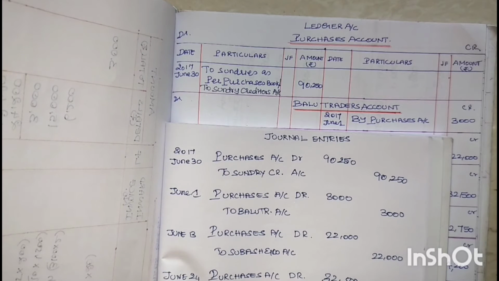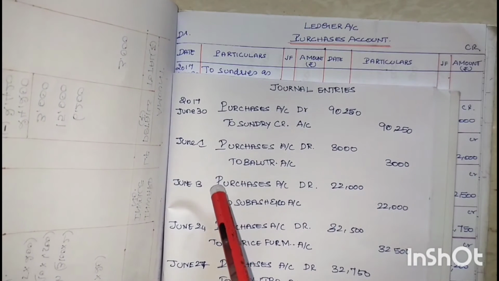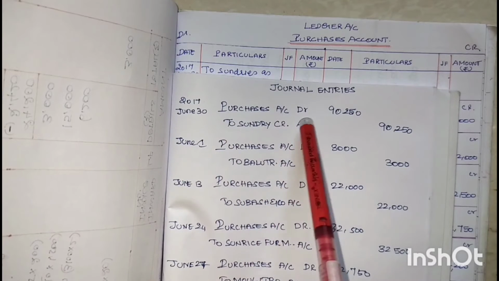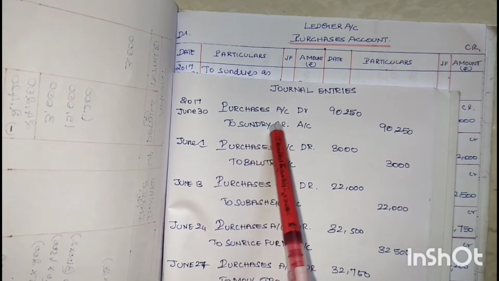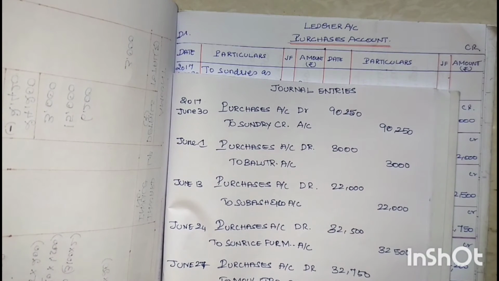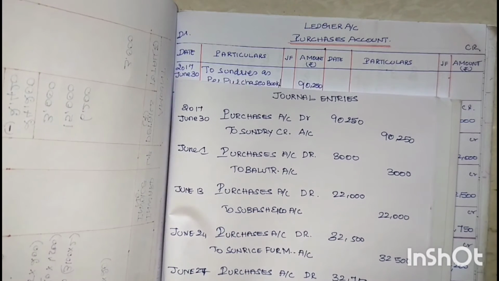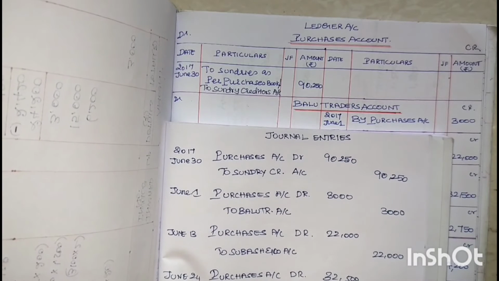Now we are going to post each respective account into the ledger account. I prepared the journal entry roughly to post them from the purchases book, but the journal entry is not necessary; just recall the journal entry.